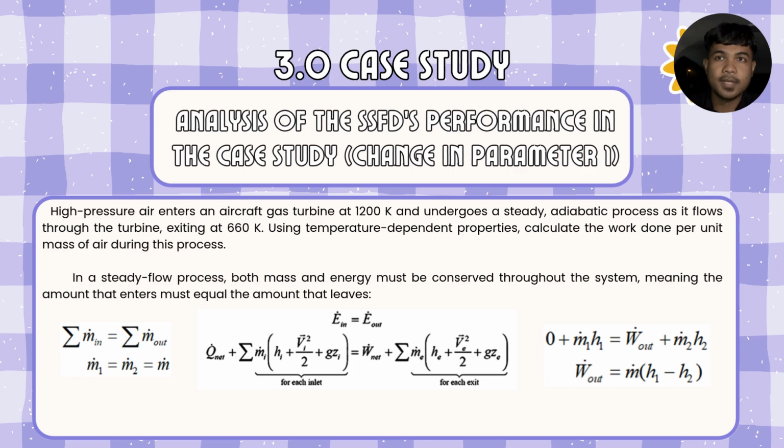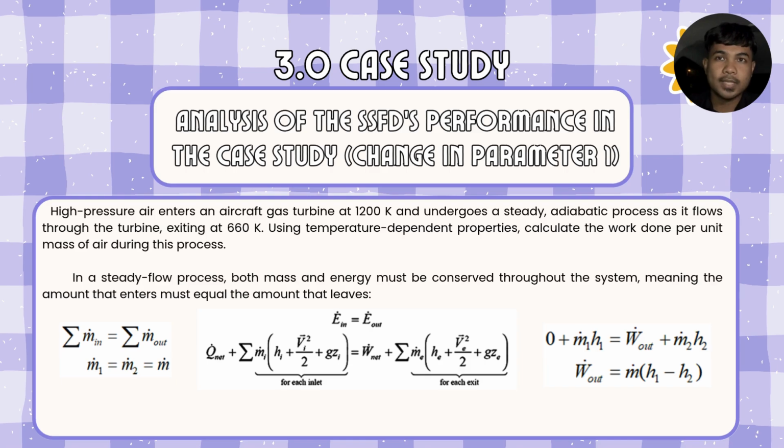The general energy balance for a steady flow system shows that energy entering equals energy leaving, and it includes terms of heat, work, enthalpy, kinetic and potential energy. However, because this turbine operates adiabatically with negligible change in velocity and elevation, the equation simplifies to W dot out equals m dot times (h1 minus h2).